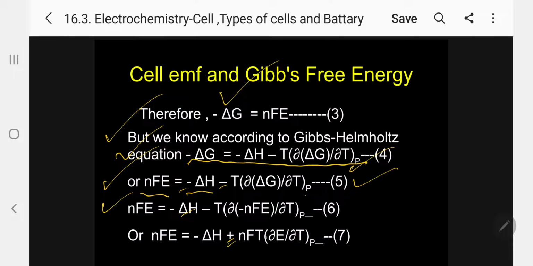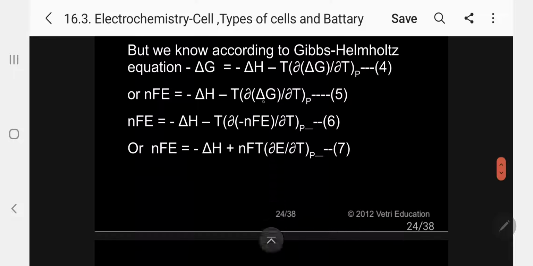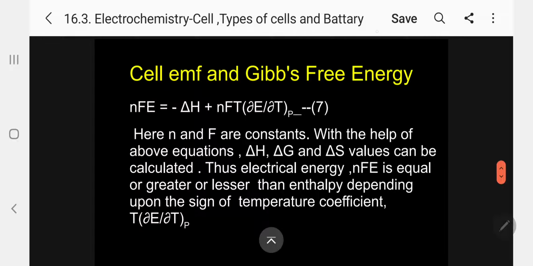So plus nFT within bracket dou E by dou T, E is the electromotive force. So I am getting a new equation: nFE equal to minus delta H plus nFT dou E by dou T at constant pressure. Kindly follow. So this is the equation.